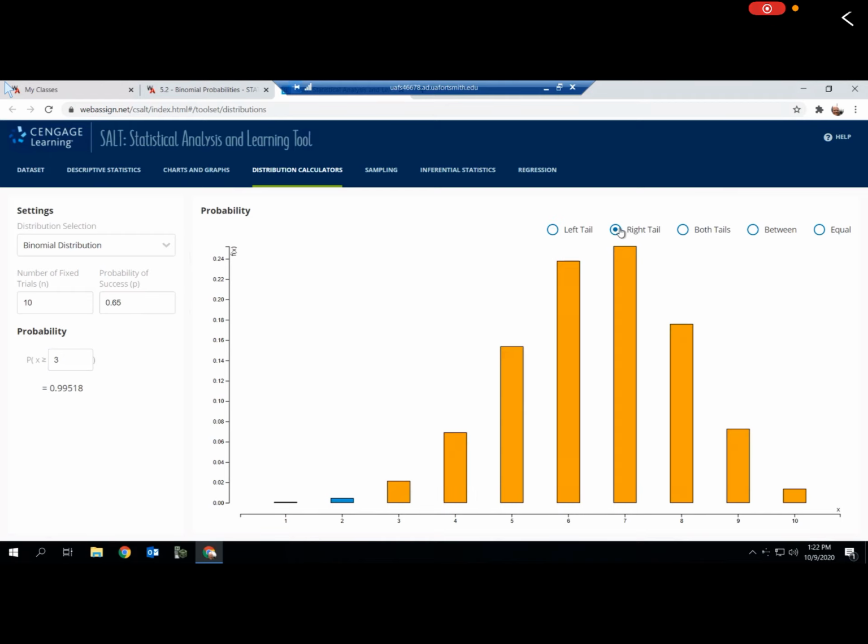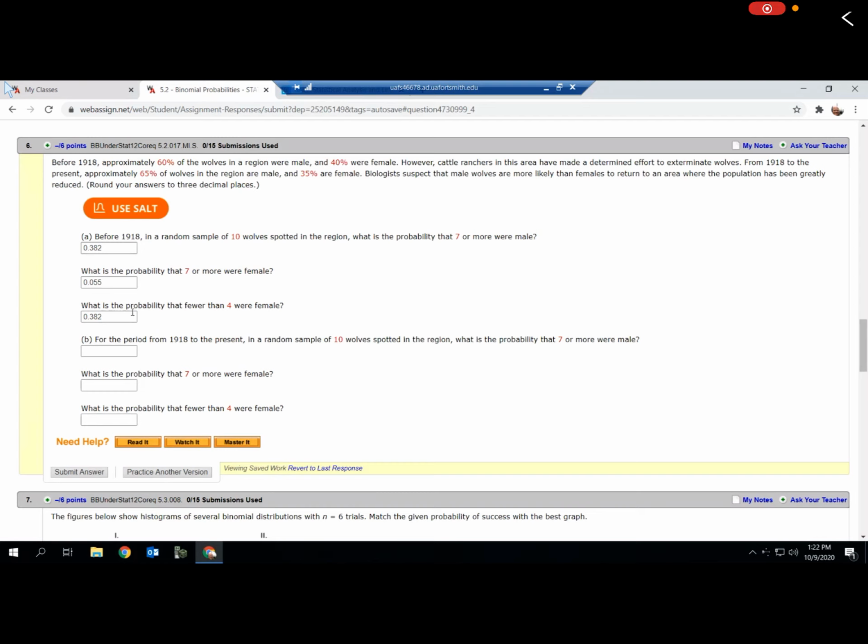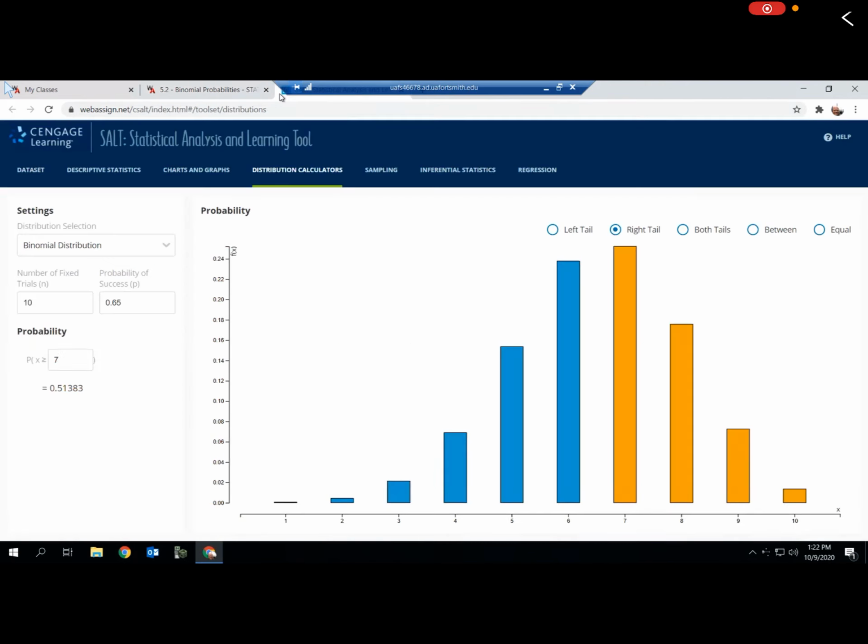Or more tells us right tail. 7 or more. That's 0.514.